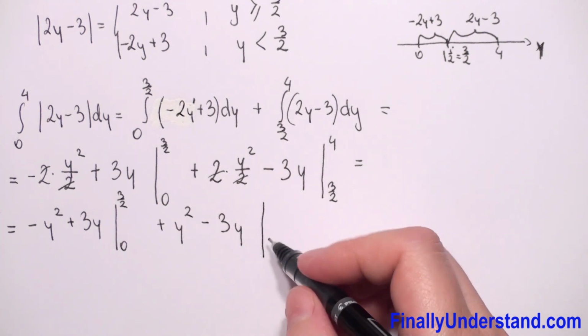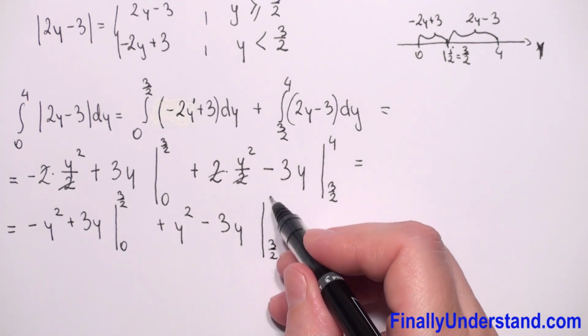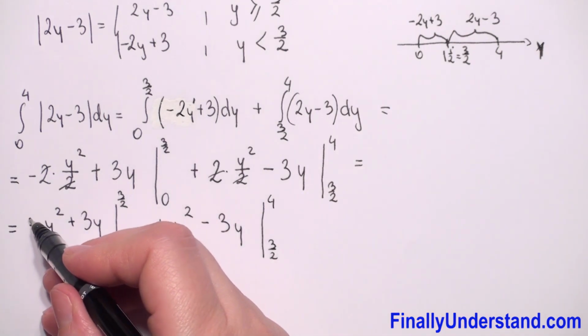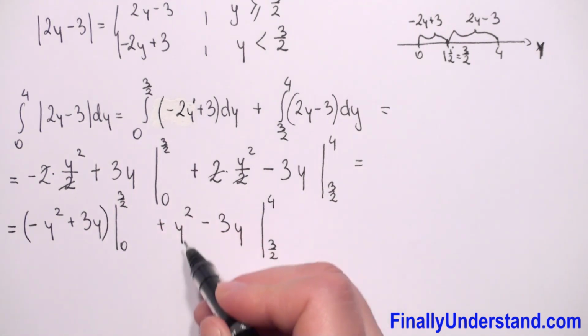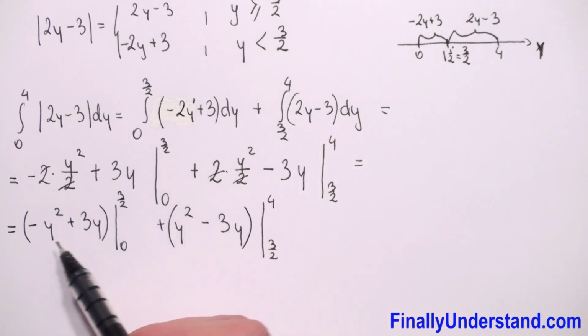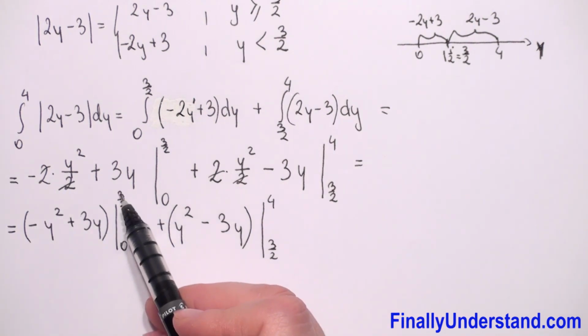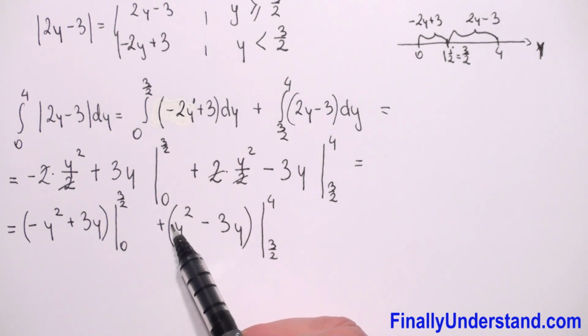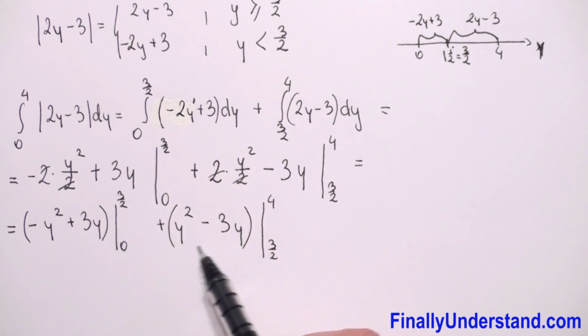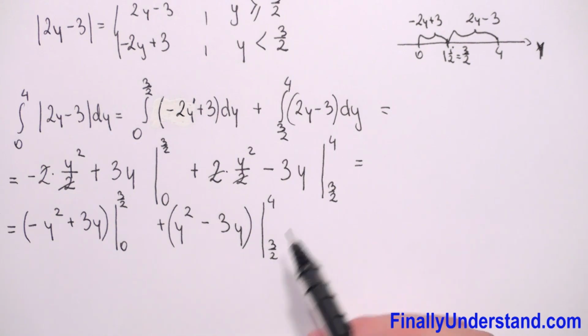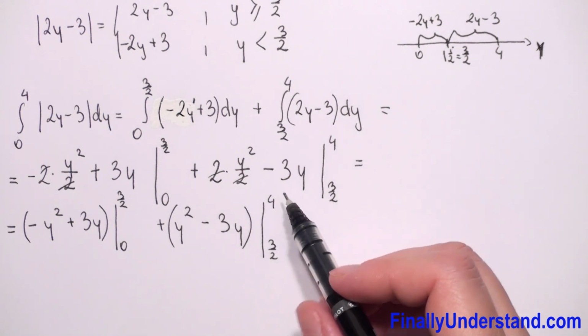And we have limits from 3 over 2 to 4. I will put this in parentheses because for this whole expression we first have to put these limits, and for this second expression we need to use these limits from 3 over 2 to 4.